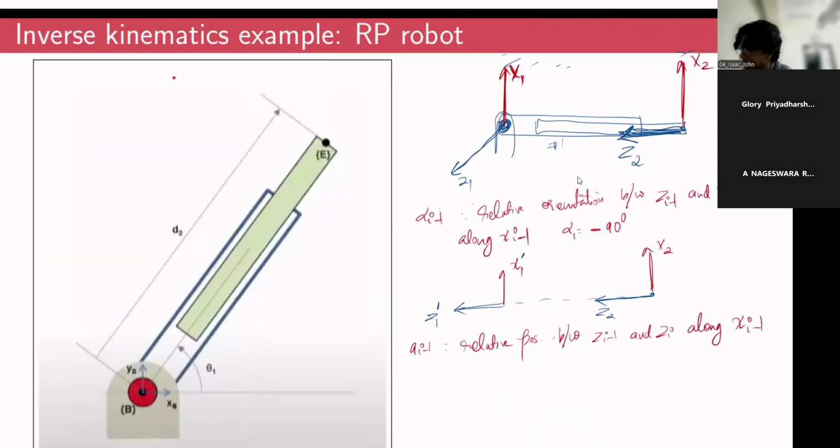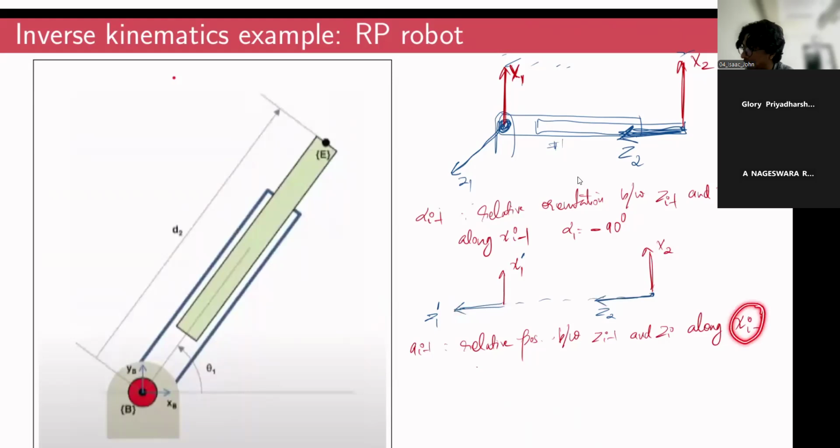What is that going to be? Is it d2, sir? Z1 is in this axis, Z2 is also in this axis.